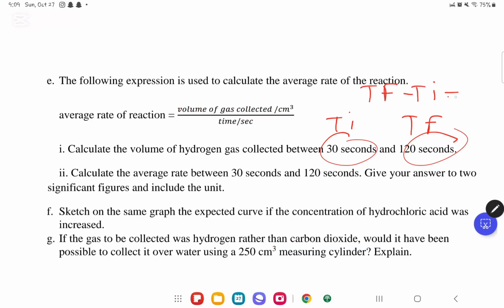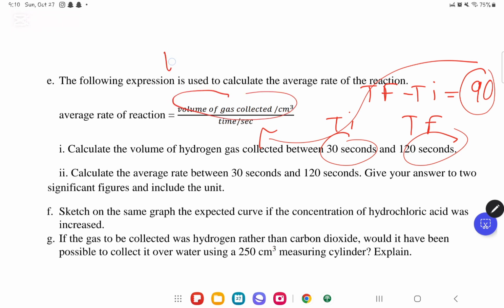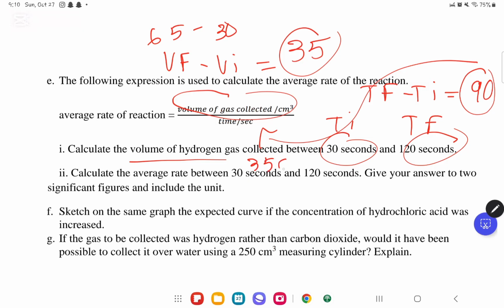So it's 120 minus 30, which is 90. So this is our time in seconds. But the volume of the gas collected is volume final minus volume initial. Our volume final at 120 was 65 minus volume initial, which was 30. So the volume of hydrogen gas collected between 30 seconds and 120 seconds is 35 centimeter cubed.